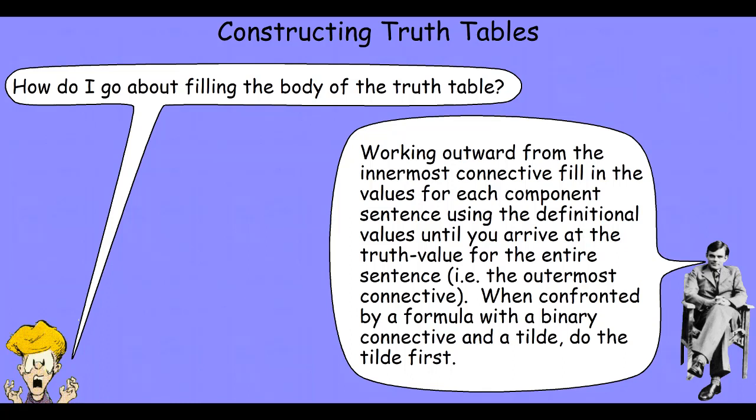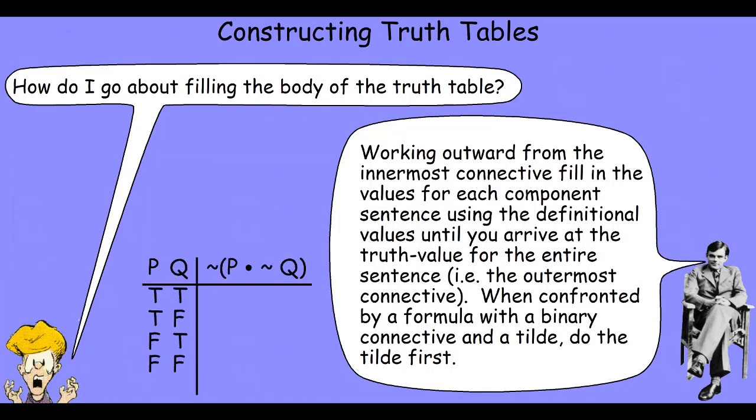We copy them over so we make sure that we have them right there available to us. We're not looking back and forth. We're not overtaxing our working memory. All right? And then we start like we're little logical insects. We start at the inside, the connectives with the most parentheses around them, and we work our way out.